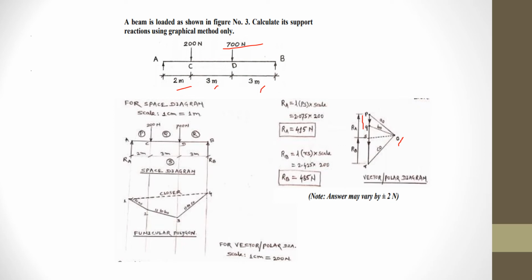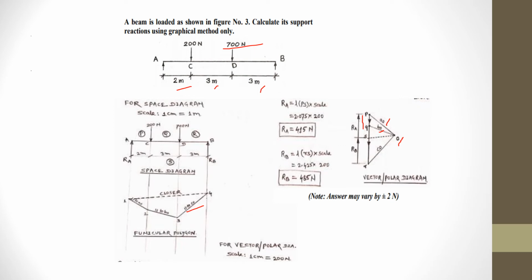Now from this vector or polar diagram we will draw funicular polygon. So here take a point 1 and draw this line 1, 2 parallel to this AO. This is AO. Then draw line 2 to 3 parallel to this BO and draw line 3 to 4 parallel to this CO. So likewise we have drawn.